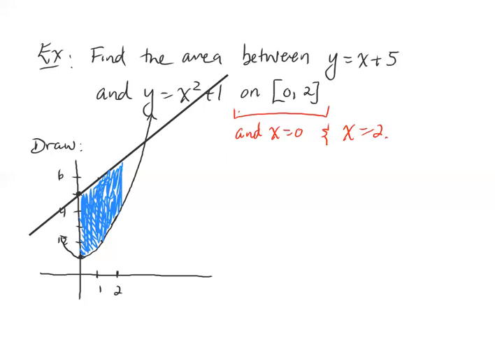Now, for that region, I can definitely state which function is on top and which function is on bottom. This is the graph of my line f. This is the graph of my parabola g. It looks like f is on top. So I'm going to call this the top function. I'm going to call this the bottom function.